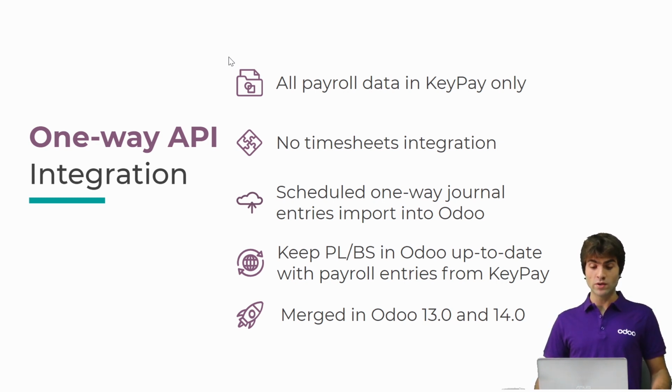And what we will do is that we will just schedule a one-way journal entries import into Odoo to make sure that our profit and loss in terms of expenses and our balance sheet in terms of liabilities and assets and payables will be up to date at any time. This feature has been merged in Odoo 13.0 and 14.0, so our Odoo SH customer from these two last versions will also be able to benefit from this integration, and it will definitely be maintained in future versions.